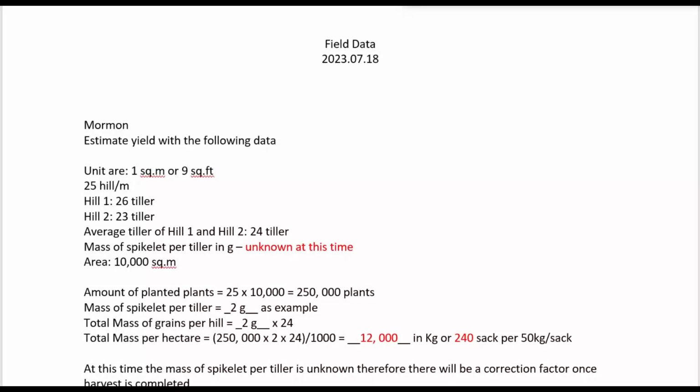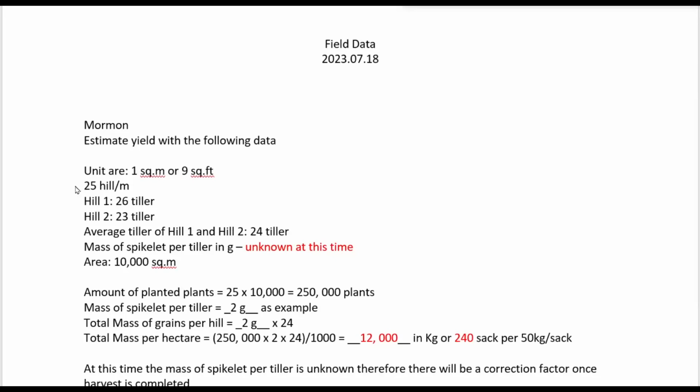So we got back from the field, and I documented the data that we gathered from those 3 different places. We'll start with Mormon. So using 1 square meter or 9 square feet, it's close enough.